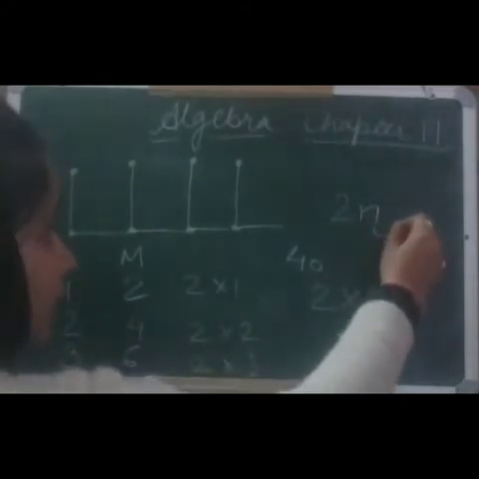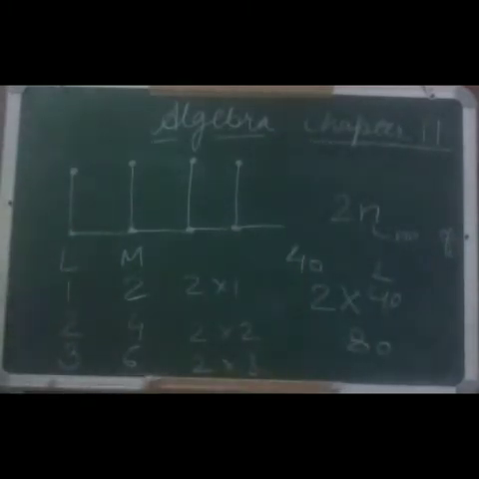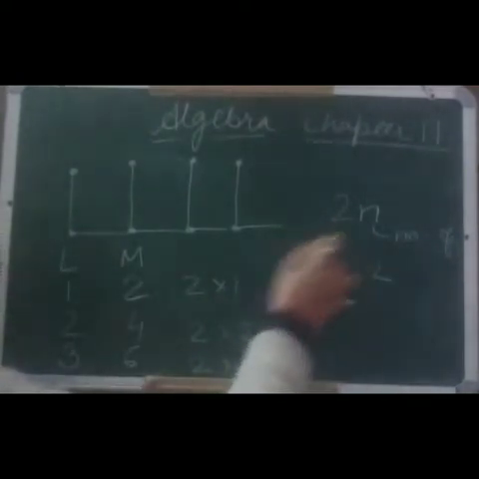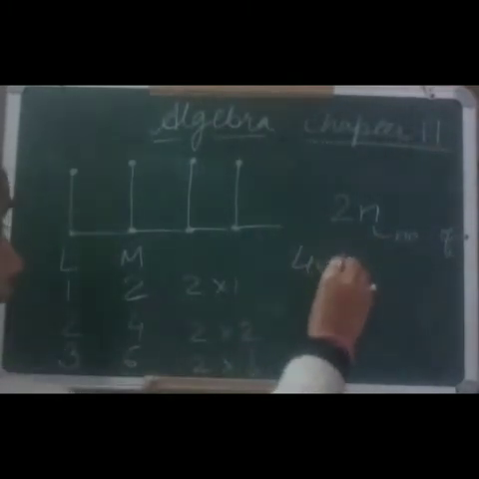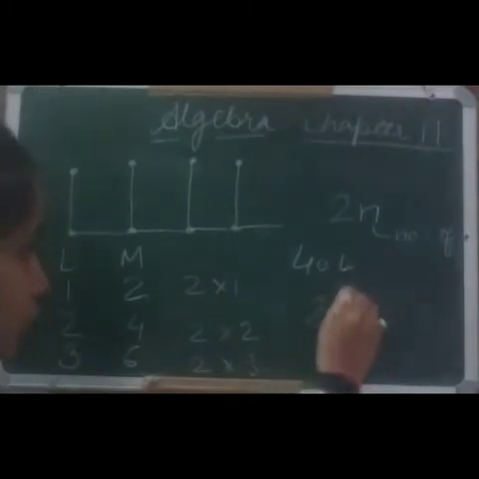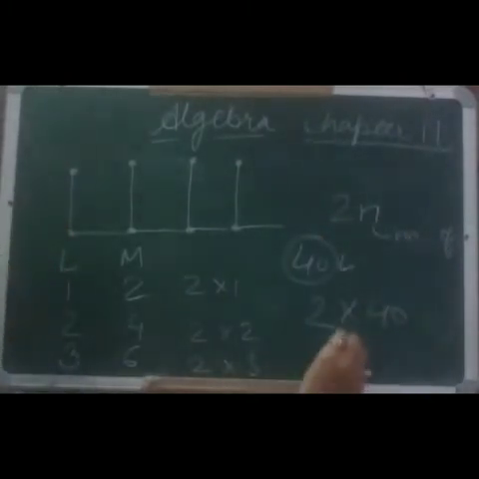Here this n is the number of L. We can apply this here also. We have to make 40L, so according to this, number of L is 40 here. So it is 80 matchsticks.